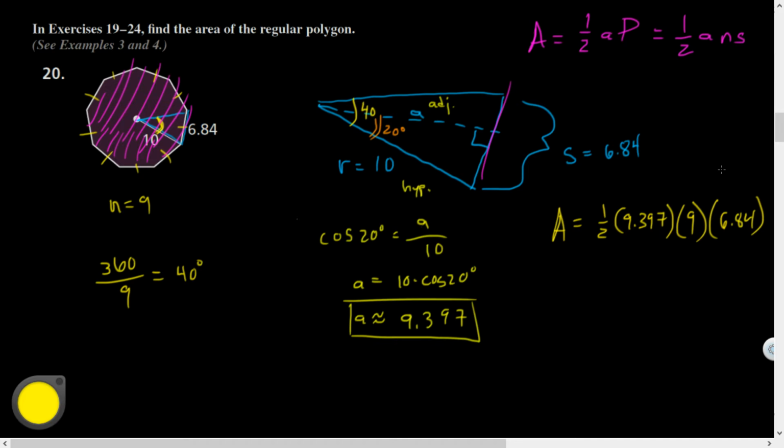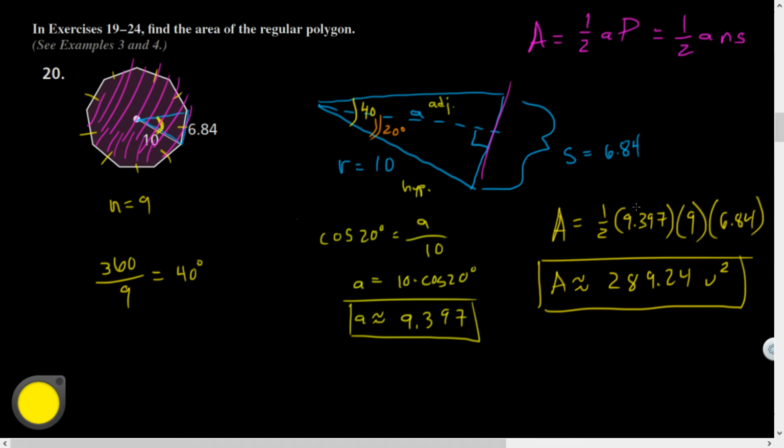I've got to focus while I'm typing. Let's see. I get a is approximately 289.24 units squared. Correct. There's no distribution when all multiplication is taking place. So that's how you find it.